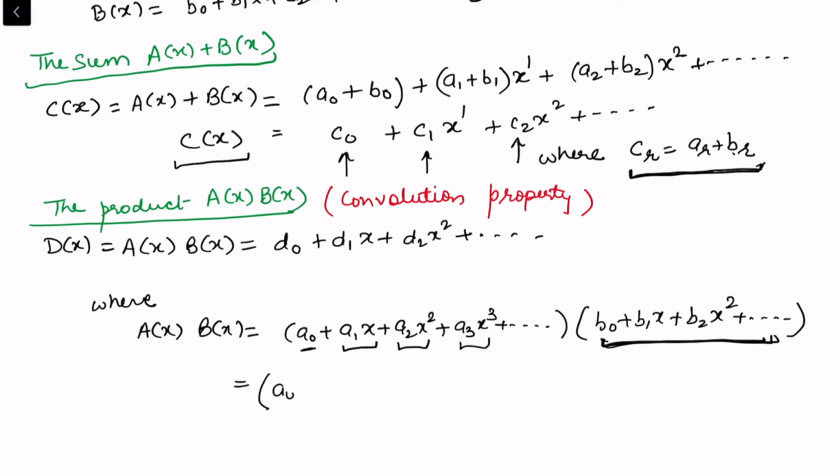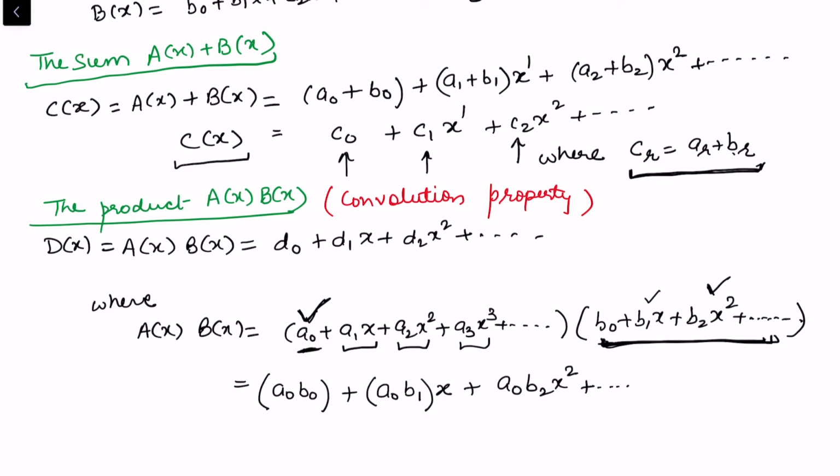We get a0 into b0. That's because of the first term, which is constant. When this a0 is going to multiply by this b1, we will have a0 b1 into x. So this is the term. And when this a0 is going to multiply with this one, we are going to get a0 b2 x square, and continue doing like this because there will be some more terms here.